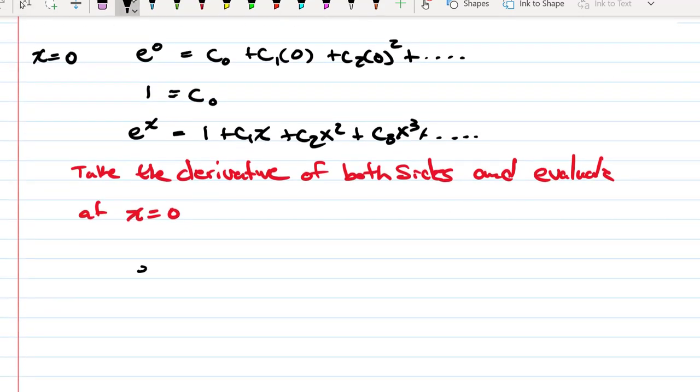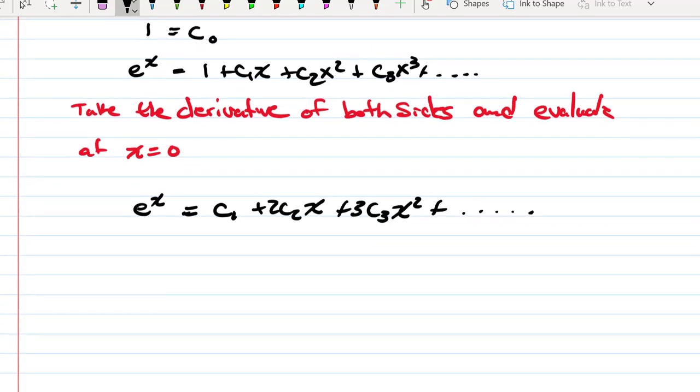So the derivative of e to the x is e to the x, the derivative of a constant 1 is 0, and the derivative of c1x is c1. The derivative of c2x squared is 2c2x, and the derivative of c3x cubed is going to be 3c3x squared, plus on forever.